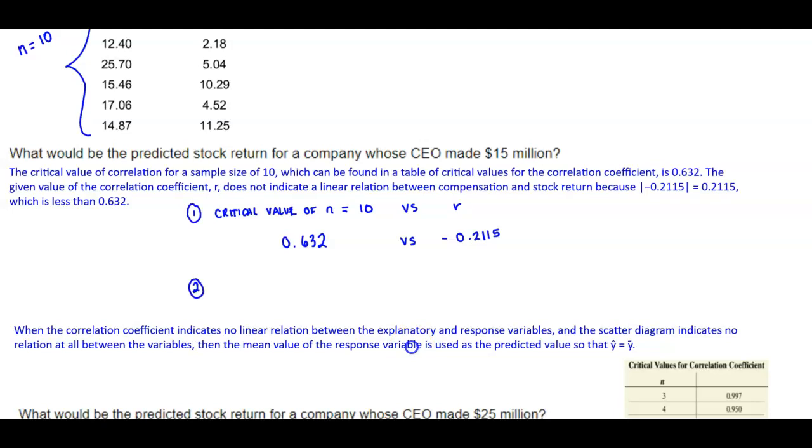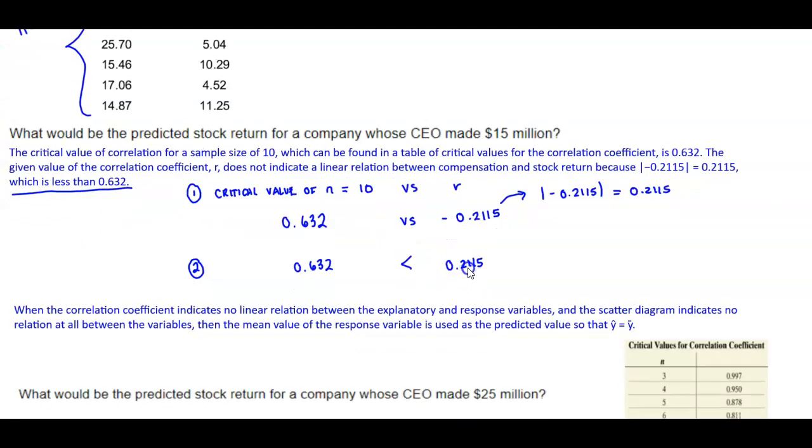We have 0.632, and we need to take the absolute value of negative 0.2115, which is equal to positive 0.2115. So we can see that the value of r is less than the critical value.